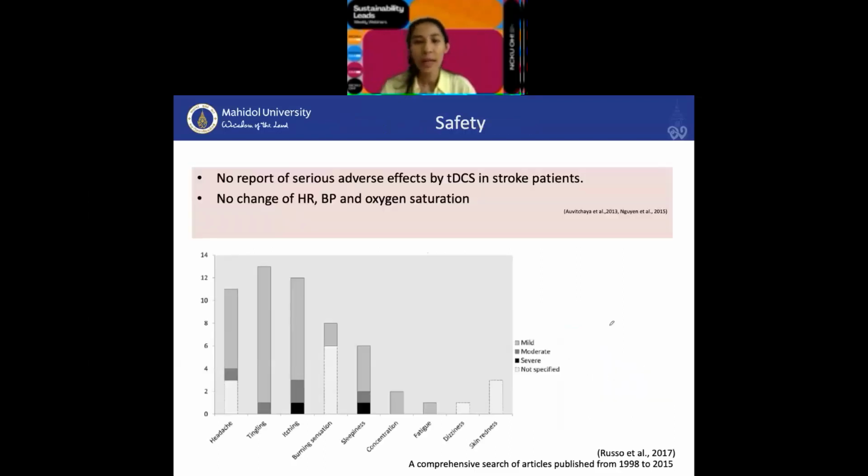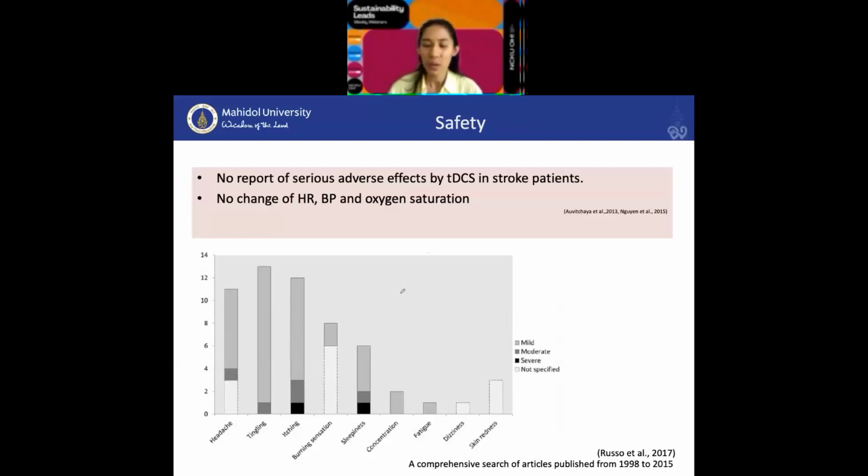All right, let's have a look at safety a little bit, because it's a very important question that your participants and your subjects will probably ask you. Okay, so this safety report is from stroke patients, but I think it's the same in healthy people and other people. tDCS does not change heart rate, blood pressure, or oxygen saturation.